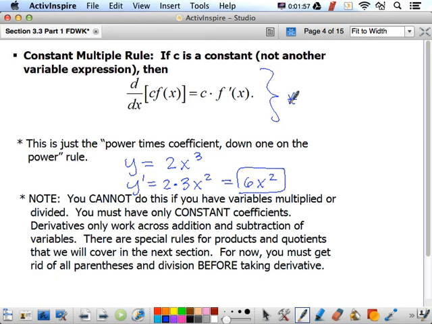If you have multiplication and division of variables, we're going to learn later that you actually have to expand those out. But we will get there. Now you can string them together through addition and subtraction, and we'll see that in a few minutes as well. But we're just going to look at some single monomials for now. Got it? Okay.